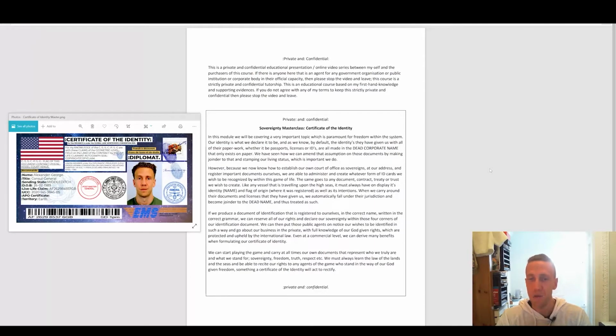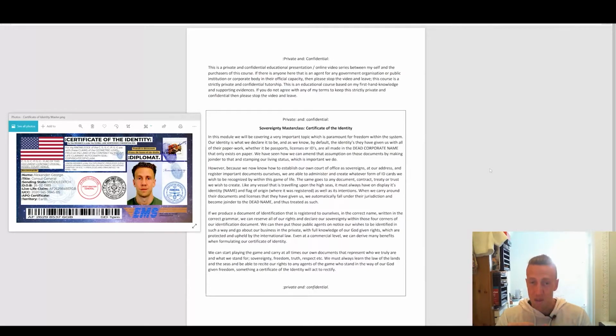Like any vessel that is travelling upon the high seas, it must always have on display its identity, name, and flag of origin, where it was registered, as well as its intentions. When we carry around their documents and licenses that they have given us, we automatically fall under their jurisdiction and become joinder to the dead name, and thus treated as such.